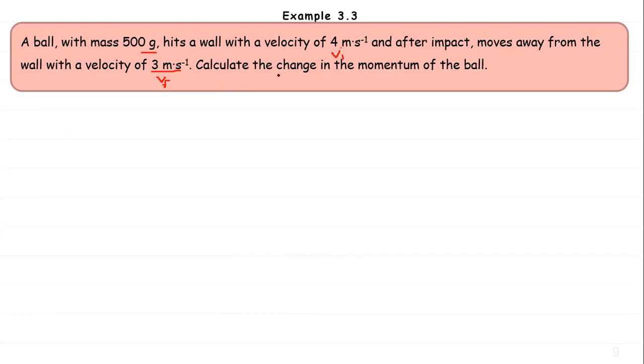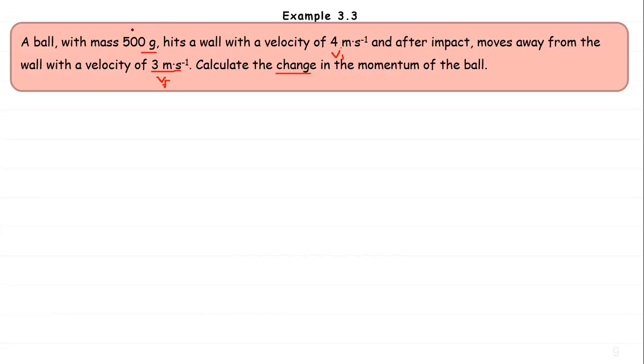Then we are required to calculate the change in the momentum of the ball. They didn't say we must get the momentum of the ball. They want the change in the momentum of the ball. Now, the momentum of the ball definitely has changed because the velocity has changed, but the mass did not change. So what can we see from here?